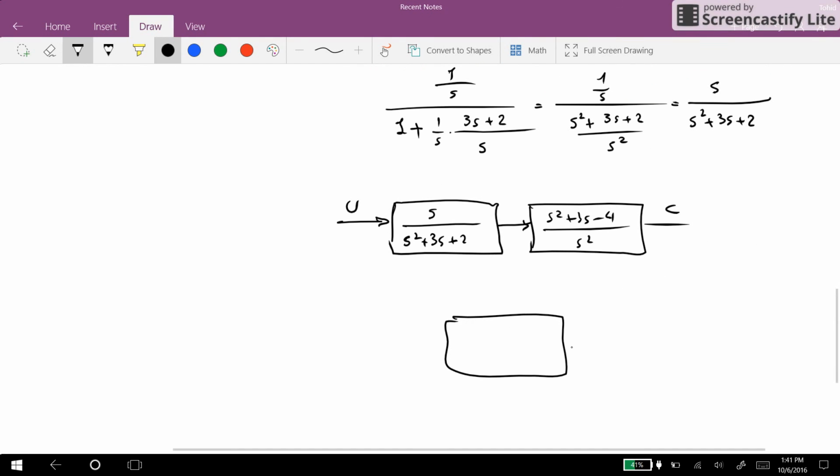And as a result, the transfer function from the input of the plant to the output will be equal to S squared plus 3S minus 4 over S times S squared plus 3S plus 2.